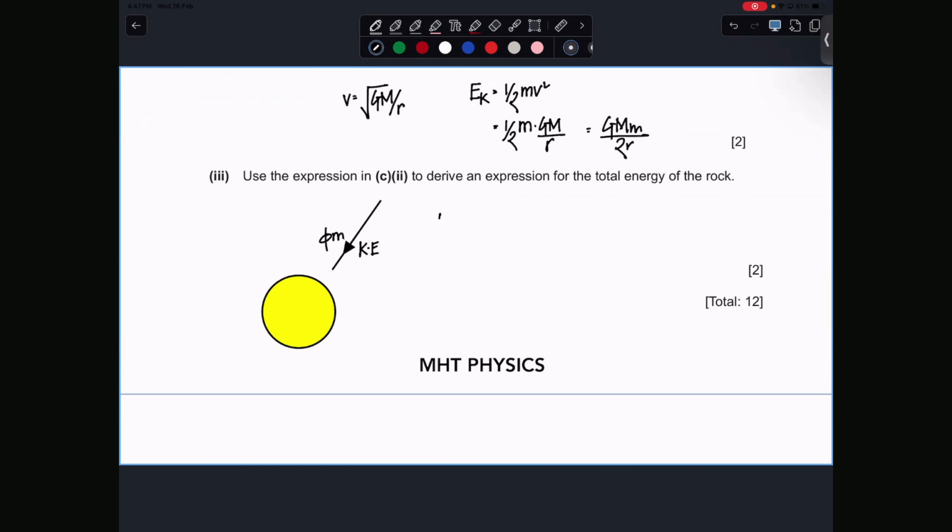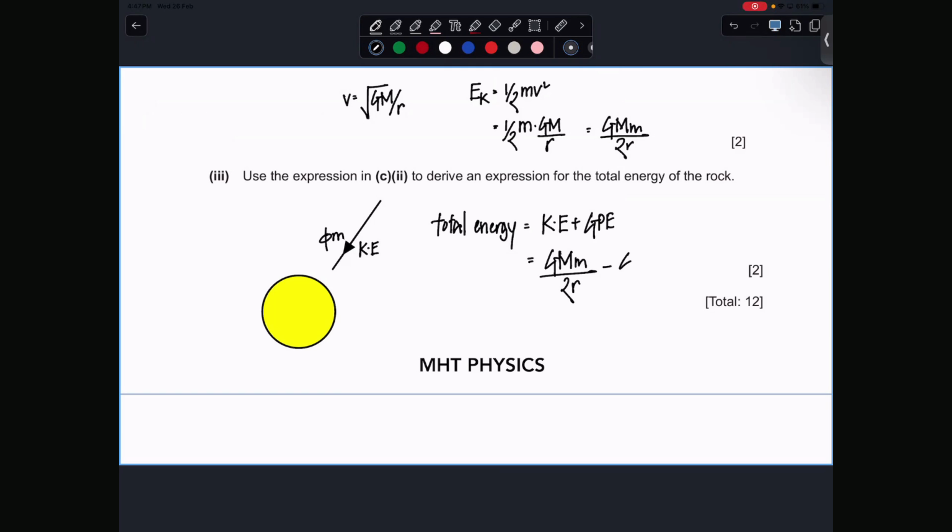So what's the total energy going to be here? Yeah, the addition of them, right? So it's going to be the K it possesses plus the gravitational potential energy. The K is going to be what? GMm by 2r. And what's going to be the potential here? Minus, so phi into m.